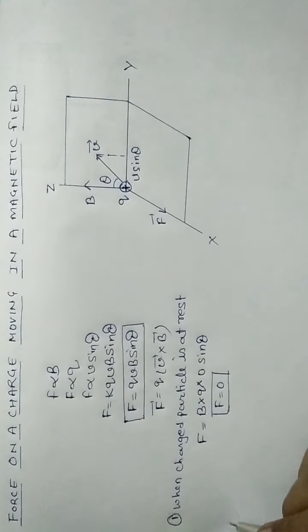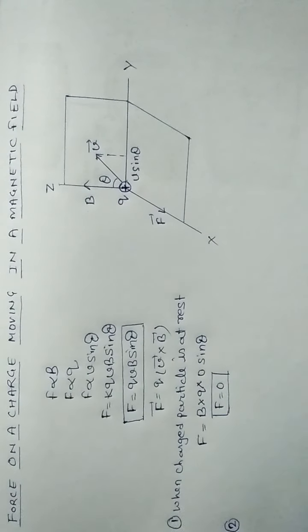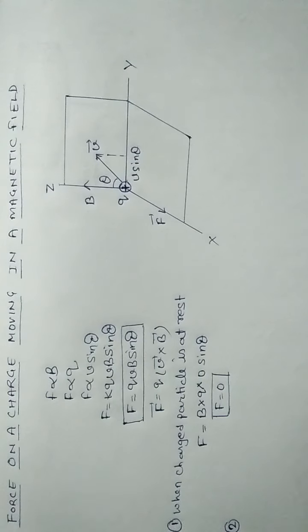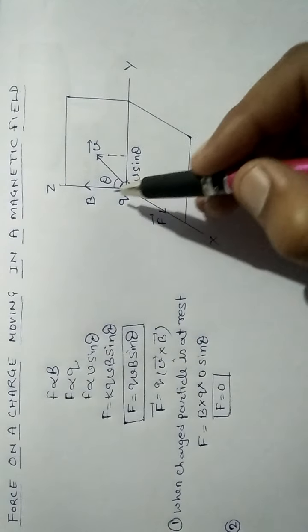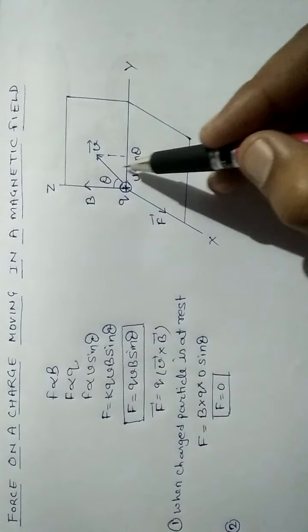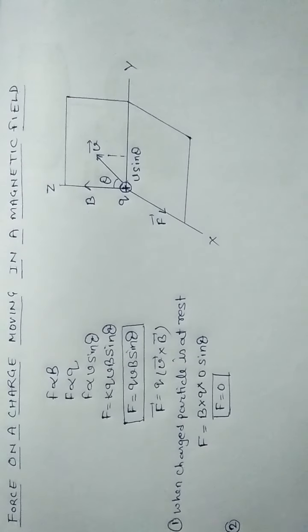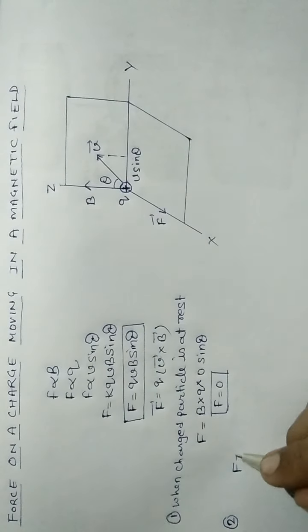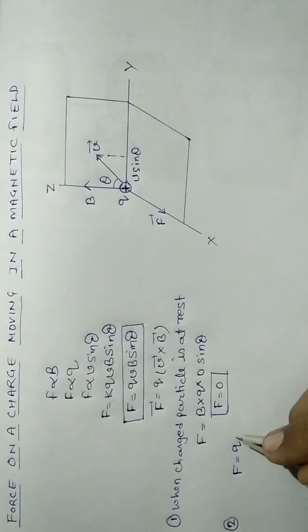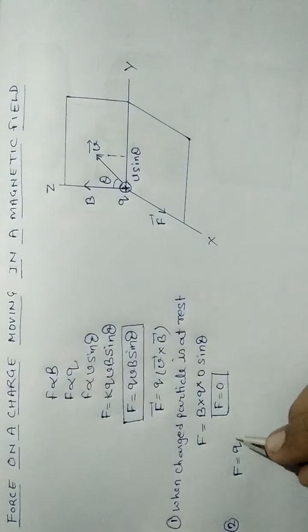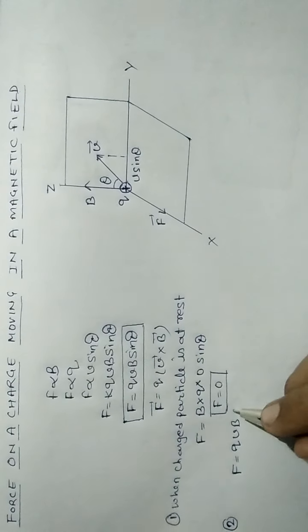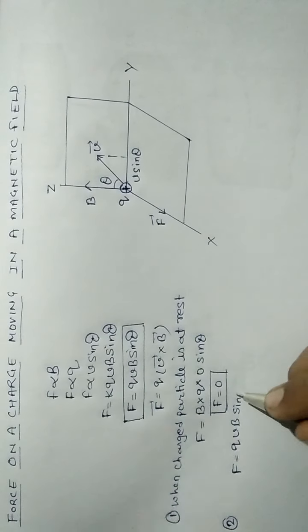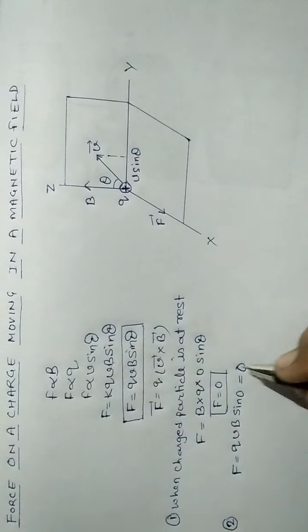Now coming to the second, when the charged particle moves parallel to the magnetic field, here we can say the direction of magnetic field is along this and the charge is moving in a direction parallel to the magnetic field, then F is equal to QVB, and the value of sine theta is sine 0, which will be equal to 0.